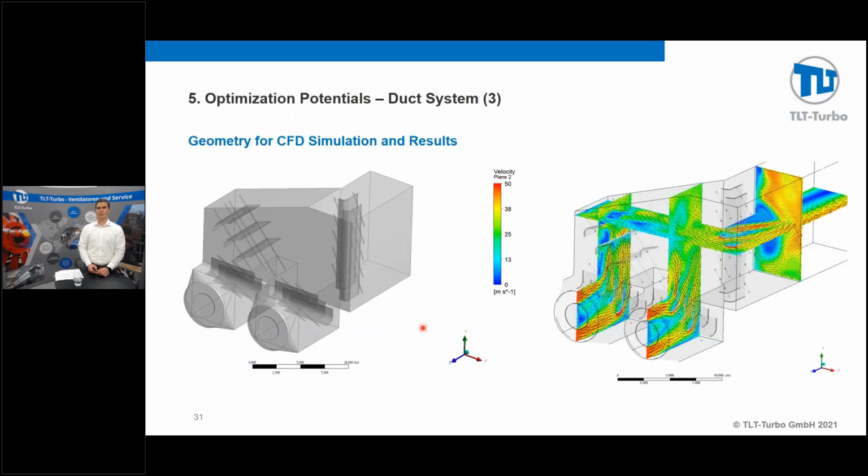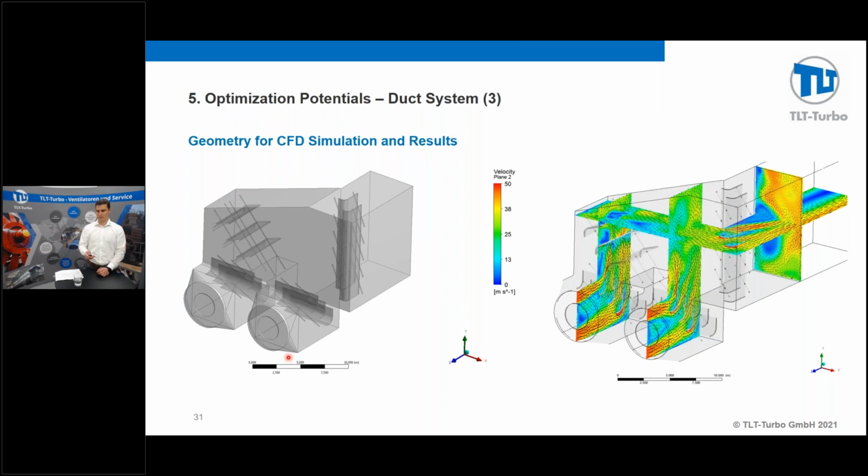Okay, another example is now a discharge side of, I think it was a power plant, where you have the discharge side of two axial fans. So that's basically the interface of the fan diffuser and the duct of our customer.